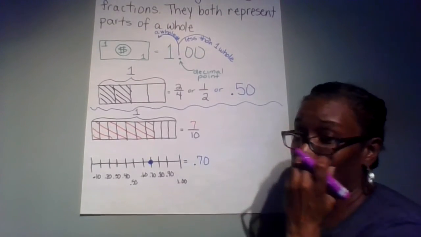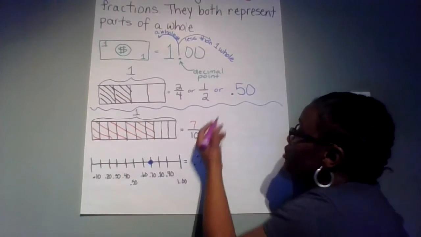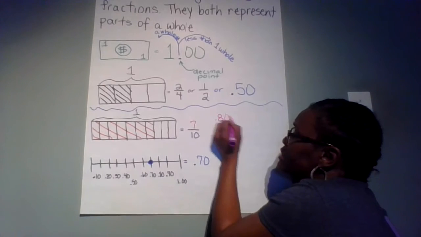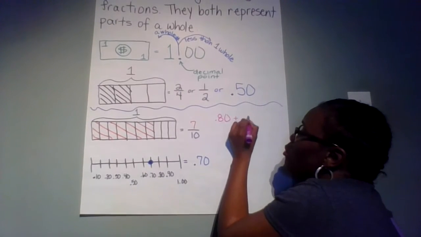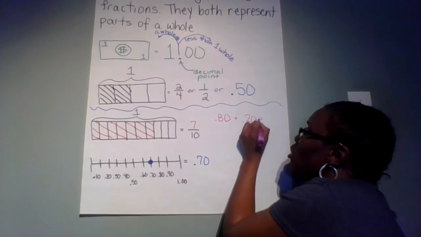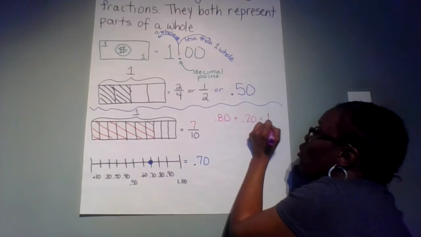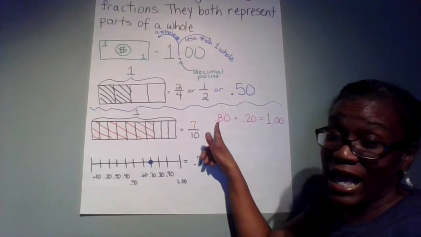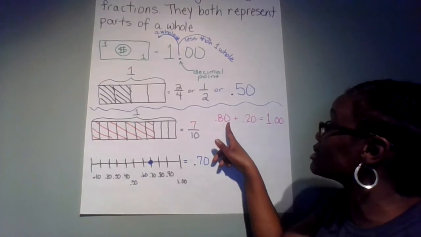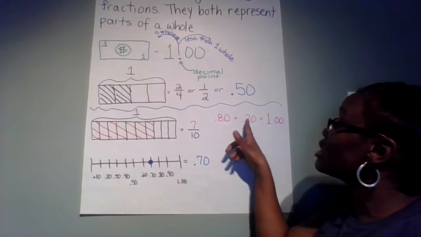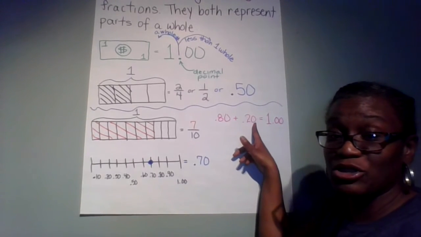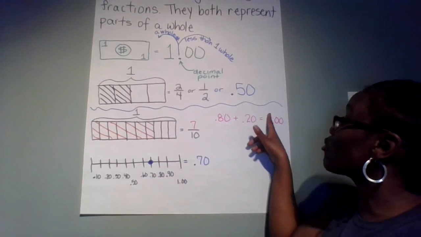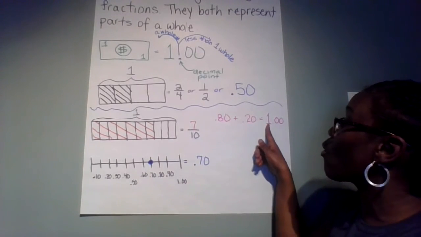And so if I wanted to add centimeters, I would maybe say 0.80 plus 0.20 would then equal 1.00. So this could be 80 cents or 0.80 centimeters plus 20 cents or 0.20 centimeters would then equal either one whole dollar or 1 whole centimeter.